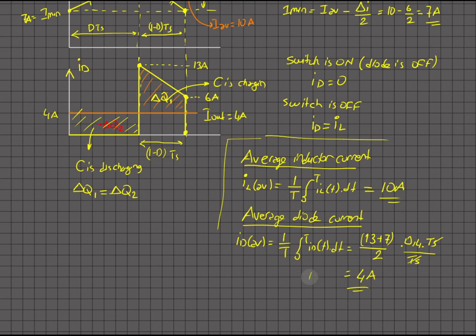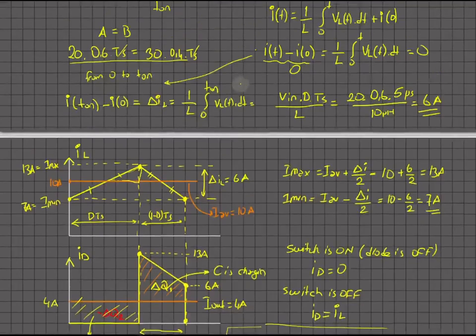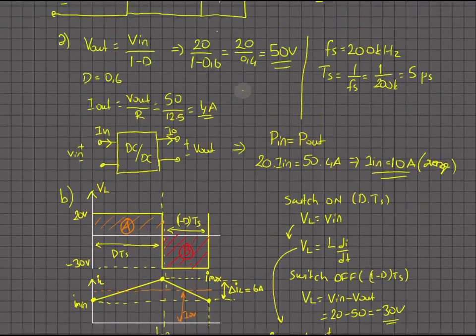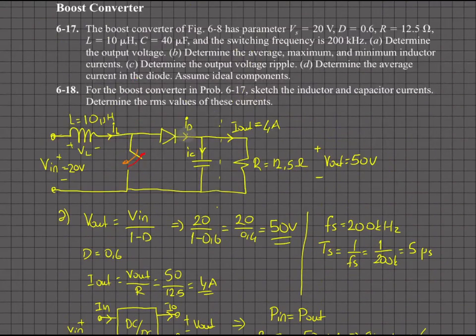I mean, it is what we expect, right? It is equal to output current, because on average I should give enough current flow here, and I can give like 4 amps from the output.